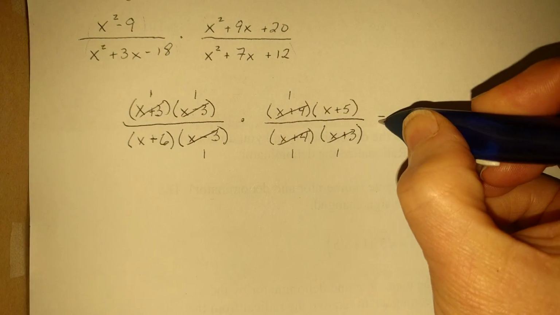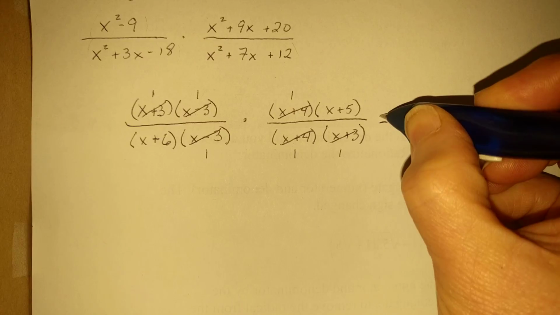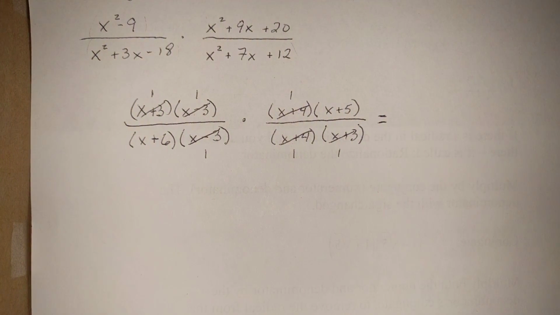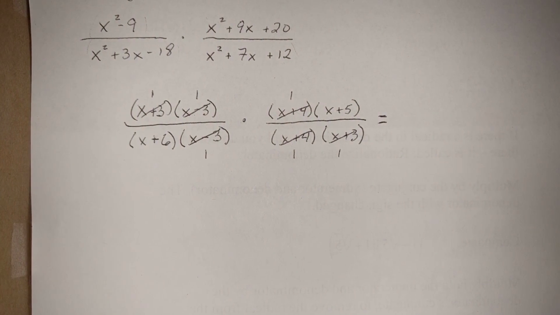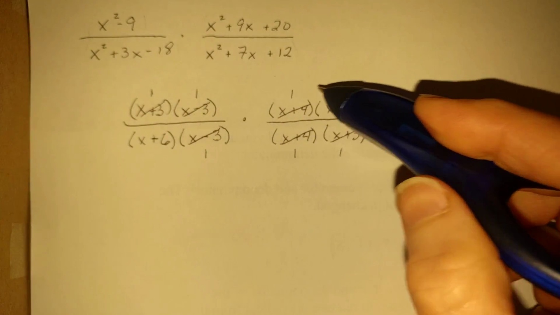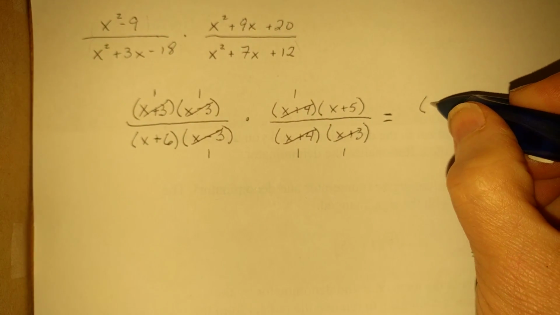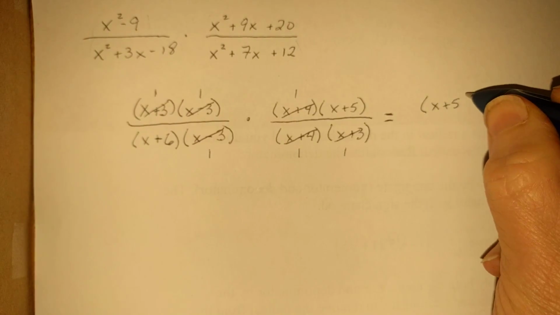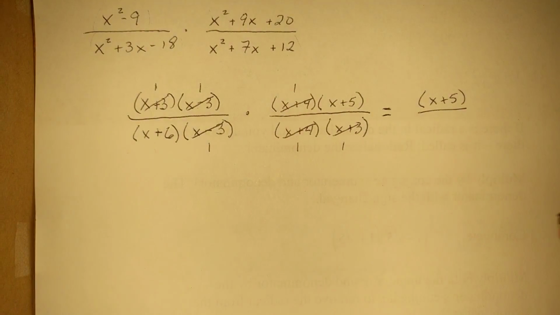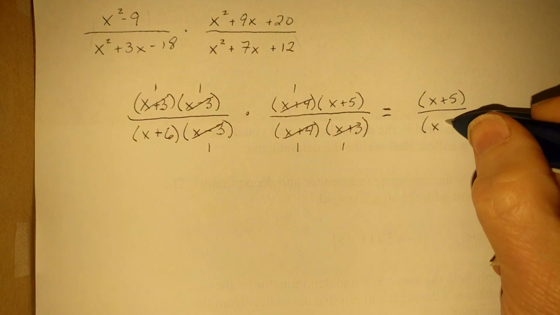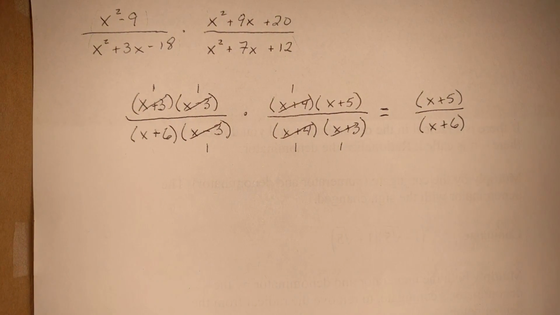Now, canceled out as much as I can, and now I can multiply all the factors in the numerator across, all the factors in the denominator across. In this case, I'm just going to have x plus 5 in my numerator, x plus 6 times 1 times 1 times 1, x plus 6 in my denominator.